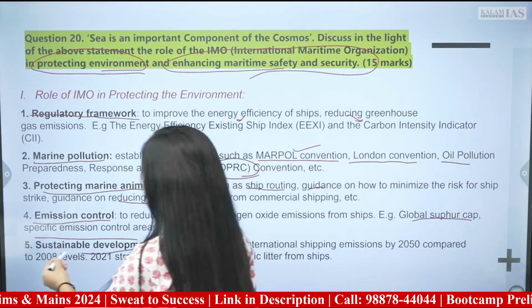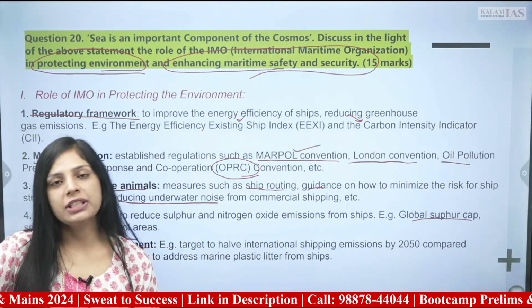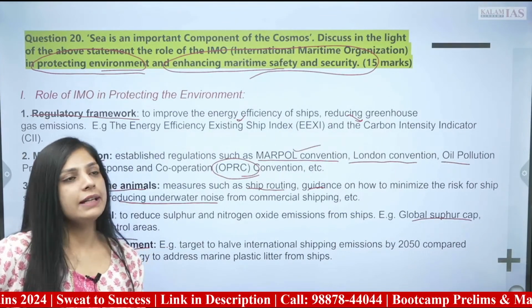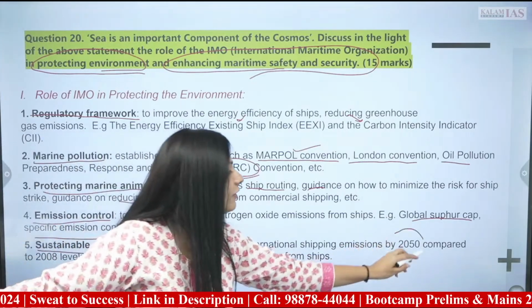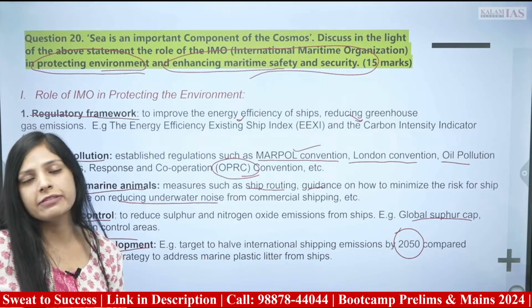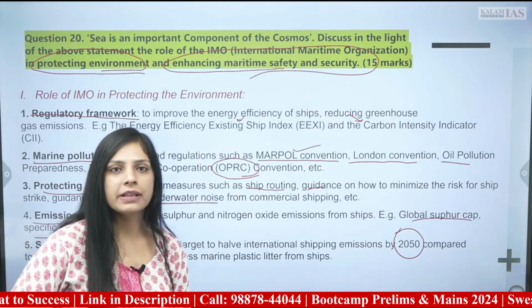Sustainable development. The International Maritime Organization has set a target to halve international shipping emissions by 2050 compared to the 2008 levels. So they have set a target for themselves as well, right?